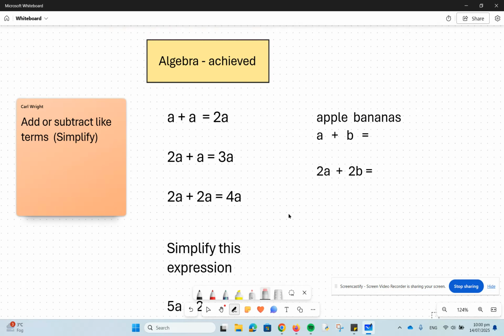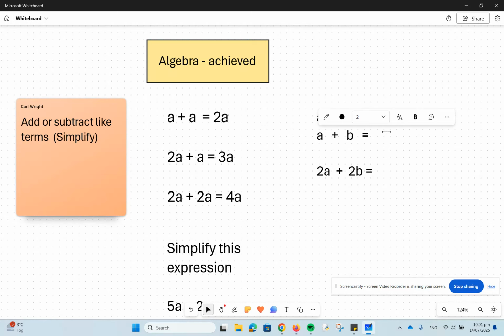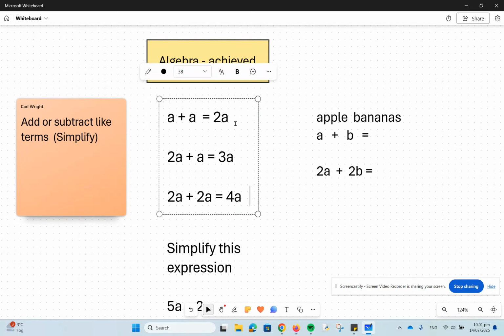So you're told to simplify an expression, and you've just got a plus a.